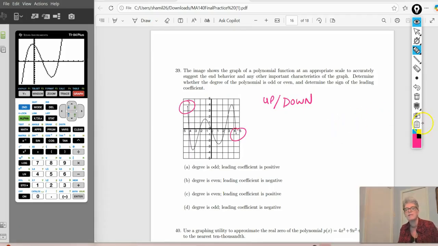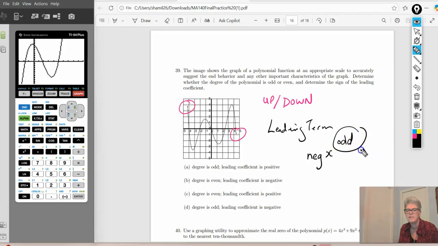So if it has end behavior up, down, then the leading term is a negative number times x to an odd power. So the degree is odd. And the leading coefficient is negative.